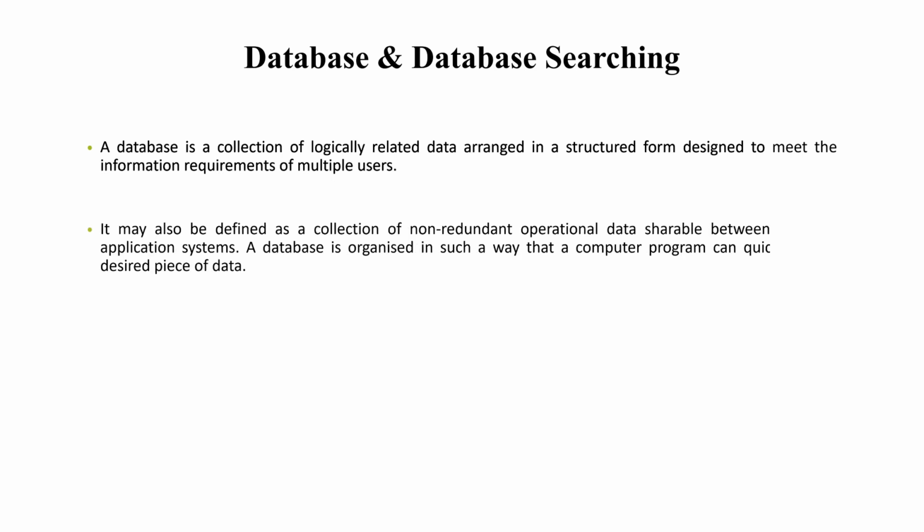It is mainly defined as a collection of non-redundant operational data that is searchable between different application systems. A database is organized in such a way that a computer program can easily select the desired information from the database and display the result.